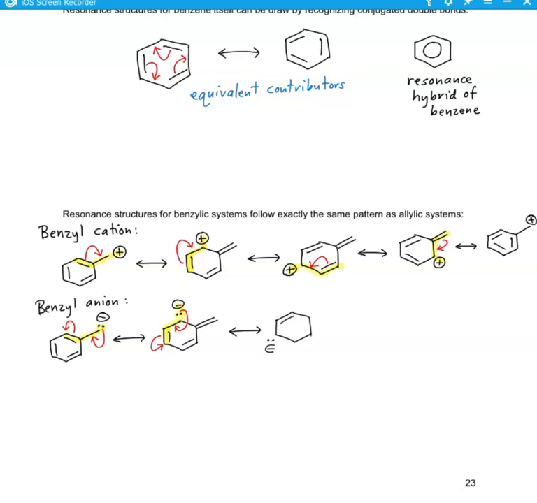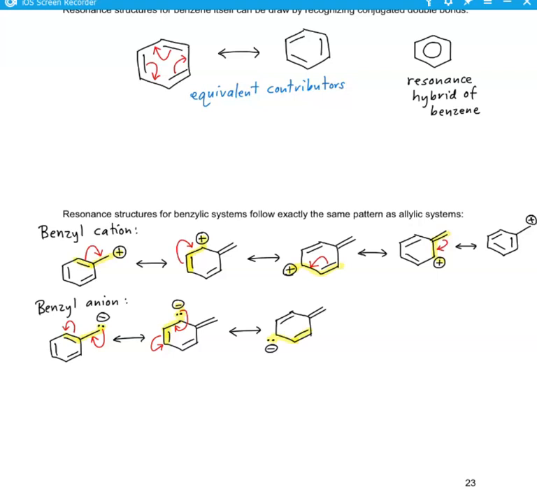Notice the artistic license, the placement of the arrows, whether I have them inside the ring or outside the ring, doesn't matter as long as where they start and point is really clear and really precise.